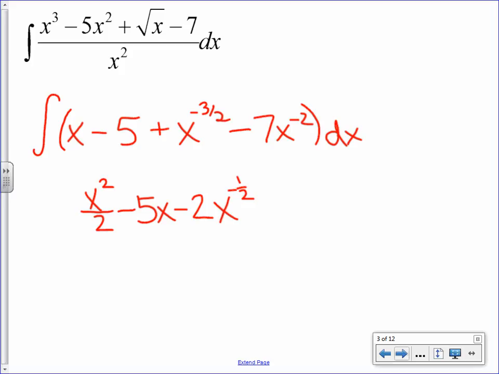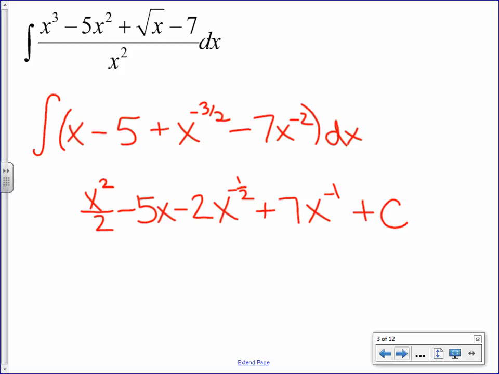And then minus 7 times x to the negative second becomes x to the negative 1, and we divide by negative 1. Plus c. Very good.